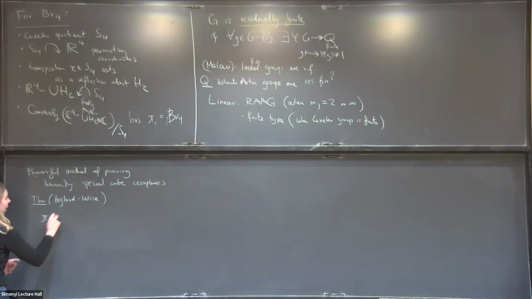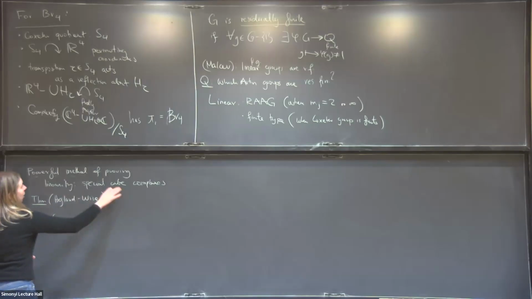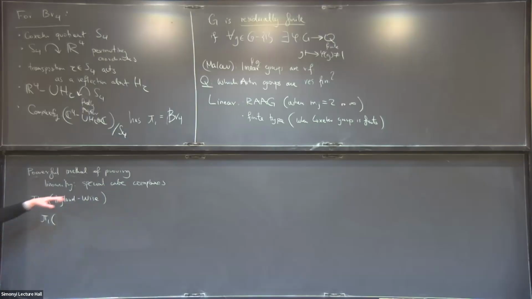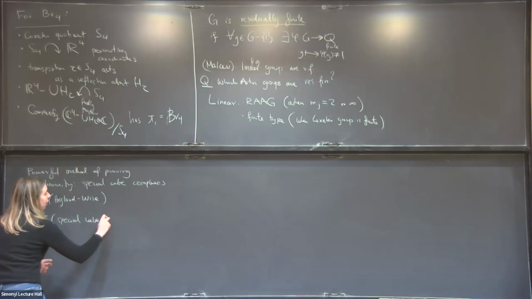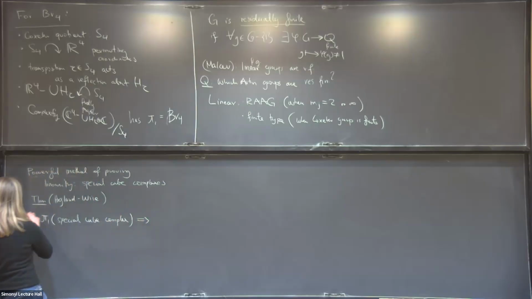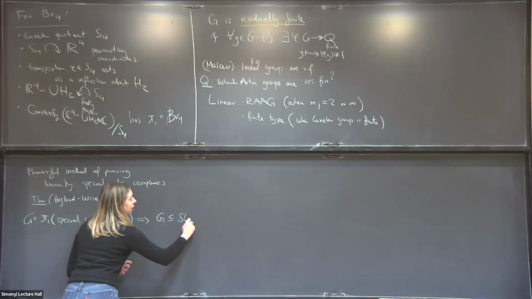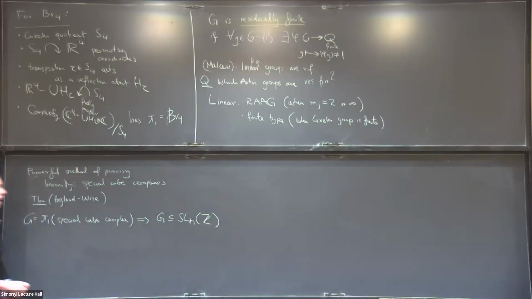but it's a non-positively curved cube complex. It's an object you obtain from gluing cubes of arbitrary dimension, and it has to be non-positively curved, which is some combinatorial condition, and there is some extra combinatorial condition. But let me just say that any group that can be realized as a fundamental group of such an object, so G is a fundamental group of a special cube complex, then we get that it's a subgroup of SL_n(Z) for some n, and so in particular it's linear.